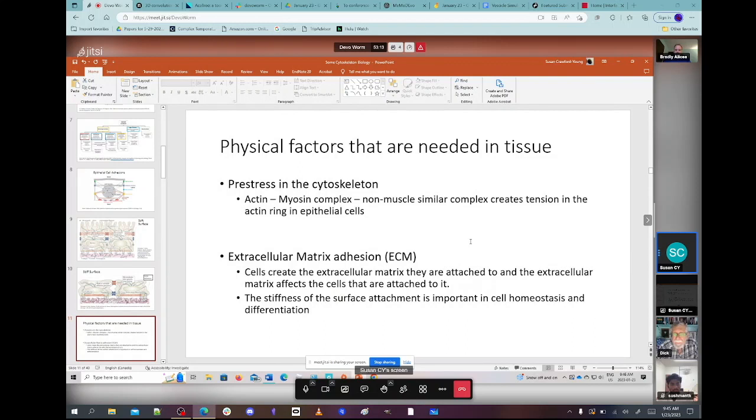Oh, okay. Yeah, that's why I like this article, and it's an older one, 2006. And I like that they had a graph, so at least they had elasticity along one line, and differentiation markers along the other. So the blue is nerve tissue, and you can see it occurs when the elasticity is less.